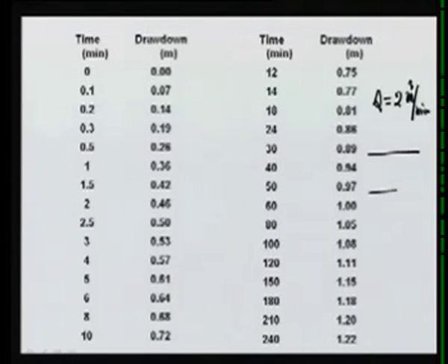So we have a confined aquifer being pumped at this rate Q. The transmissivity of the aquifer is given as 1 meter square per minute.